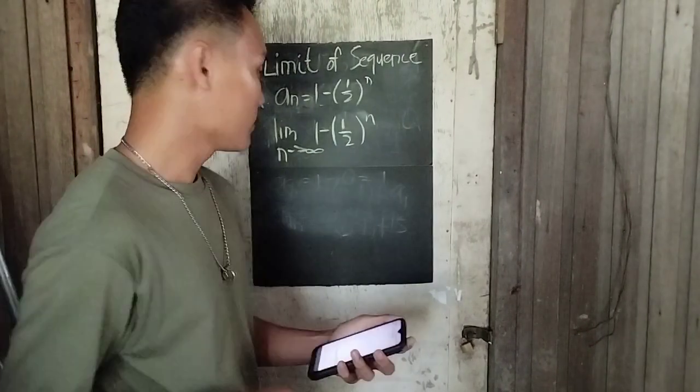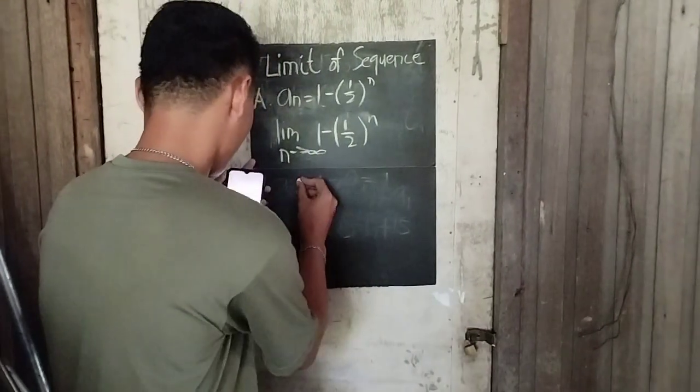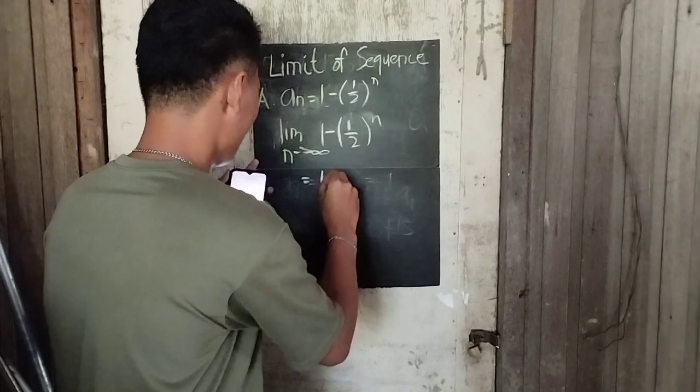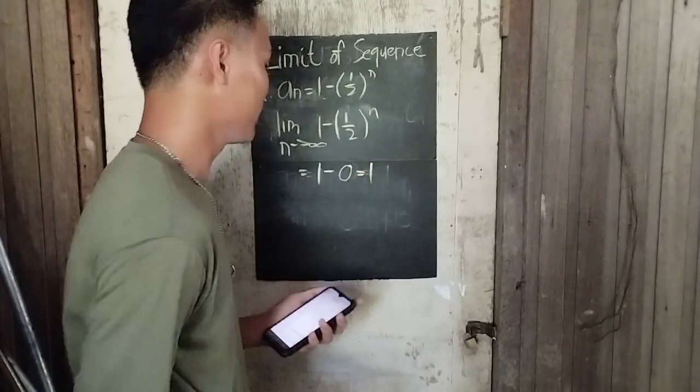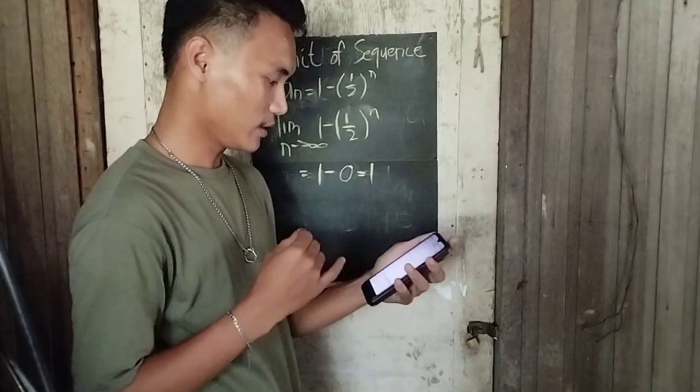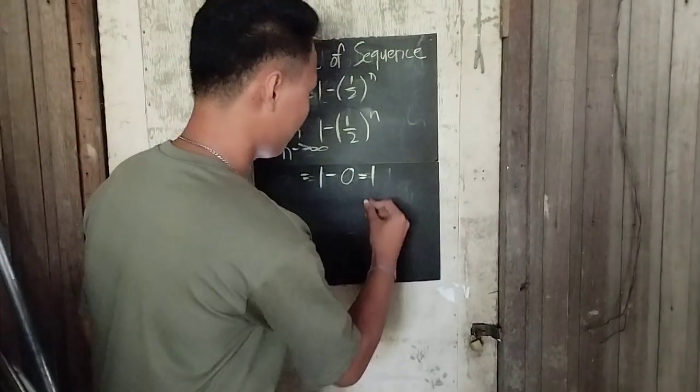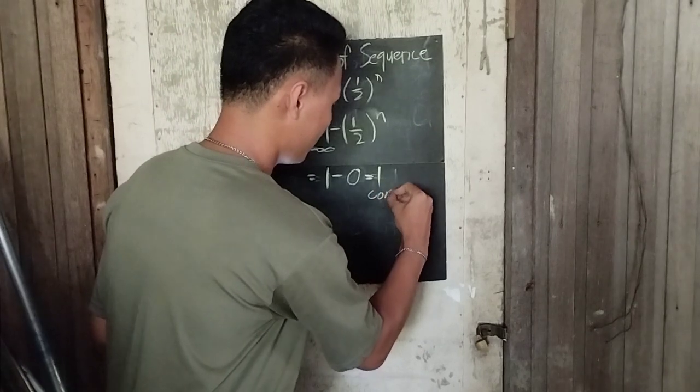Alright, so let's solve it. Then 1 minus 0 equals 1. So 1 converges, right? Converges.